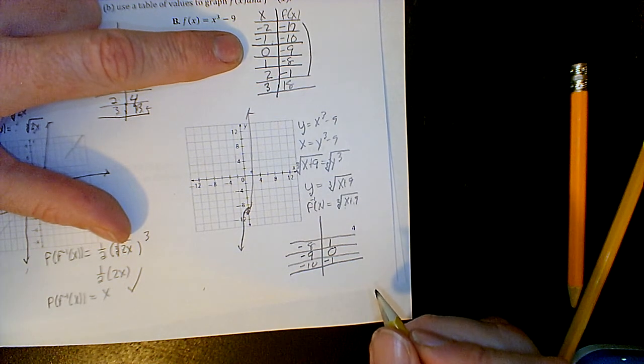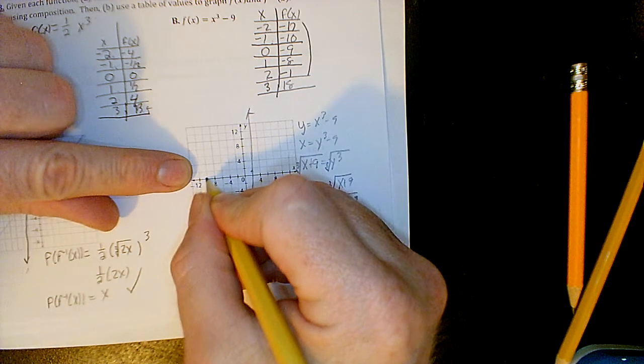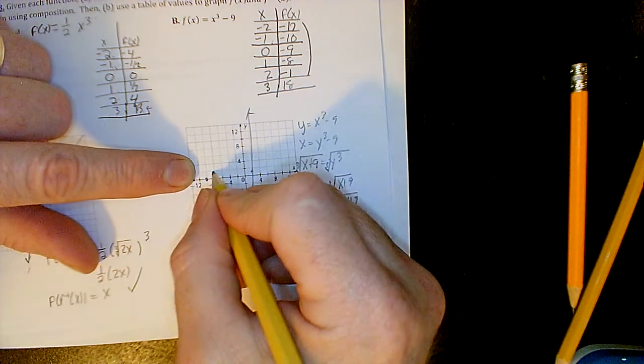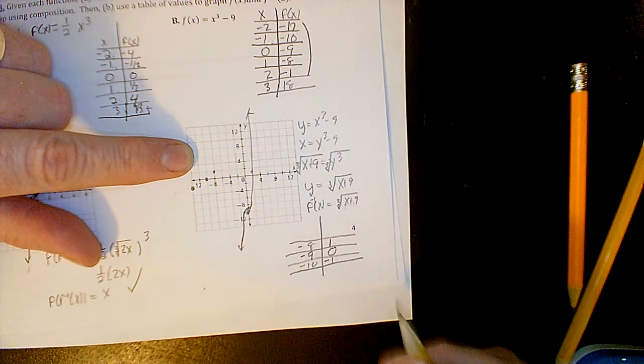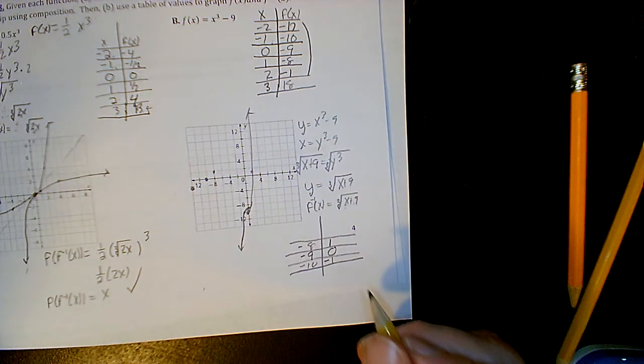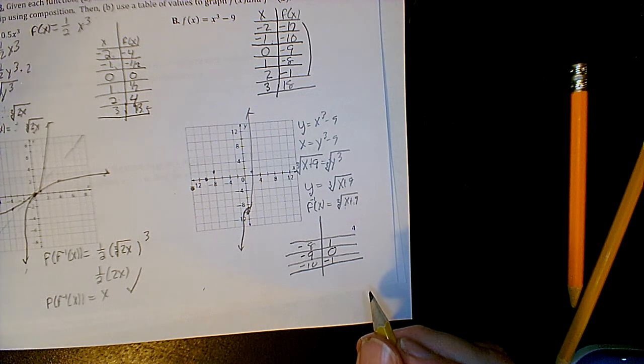Let's try these. Alright, so if I plot this, I've got negative 9, 0, which is right here. Alright, I've got negative 8, negative 1. I've got negative 10, negative 1. I'm going to try one more below negative 8 that would work out. I know the cube root of, well, 27, but let's try it.